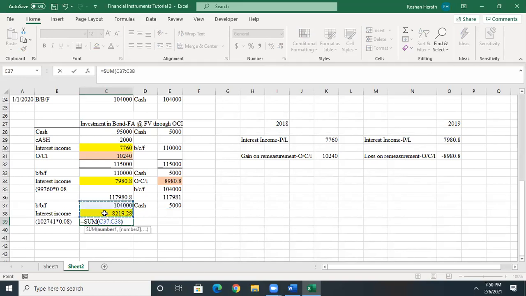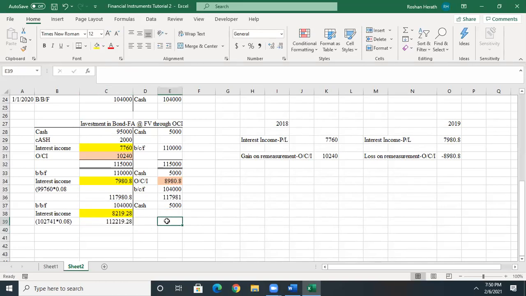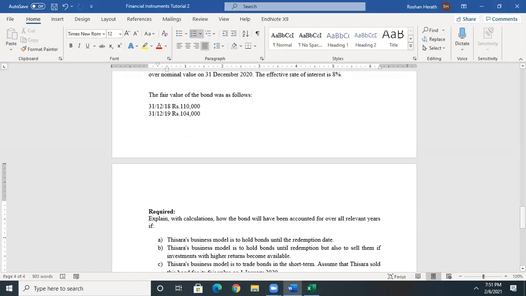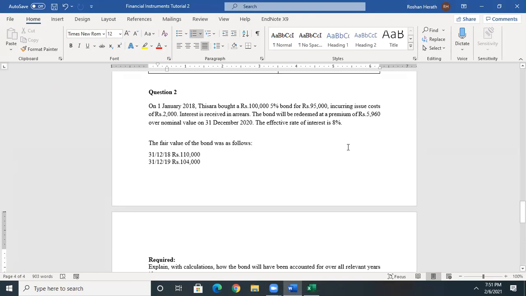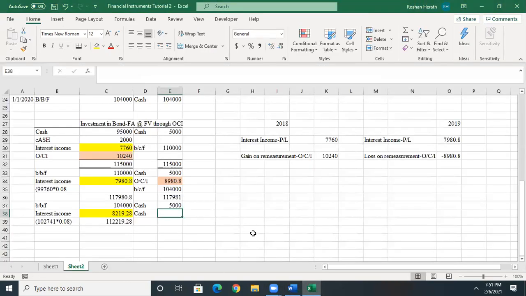So if you have done it perfectly, you must be getting it redeemed at that value. Sorry, you need to consider the redemption. It is getting redeemed at what value? It is 105,960. We redeem this at 105,960.